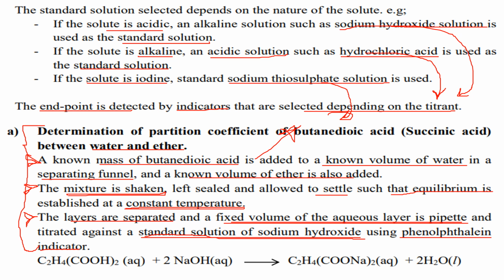Now after talking about pipetting and titration, you have to give an equation for the experiment. That's why we are saying that butanoic acid reacting with 2 moles of sodium hydroxide will give us a salt. And after giving us a salt, it will also form water.